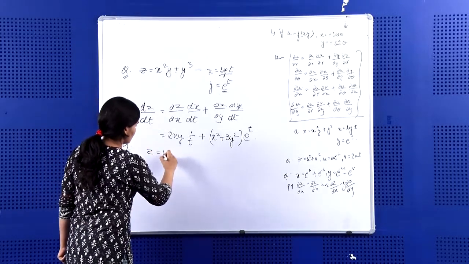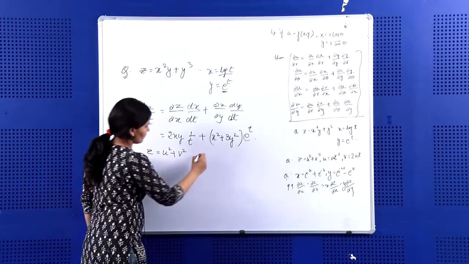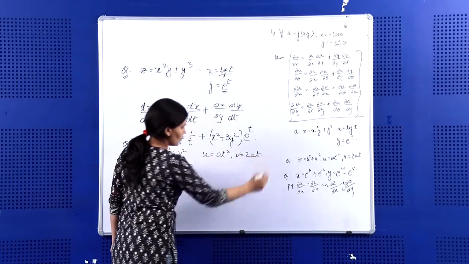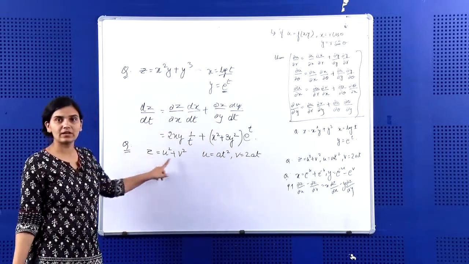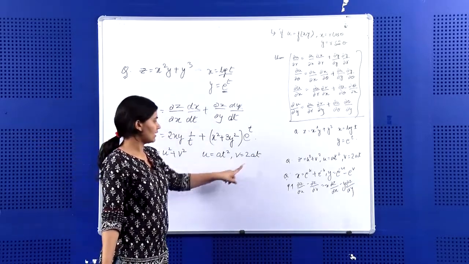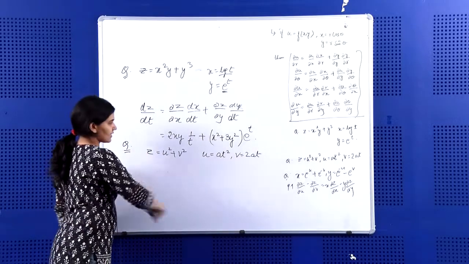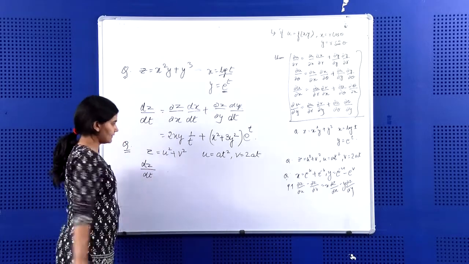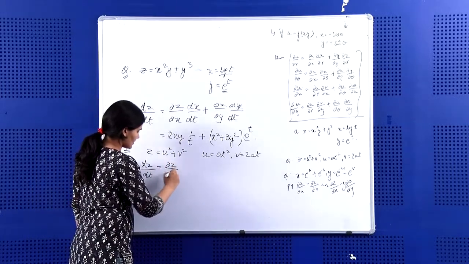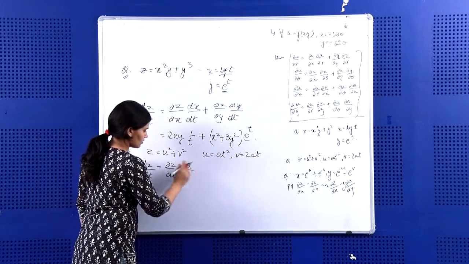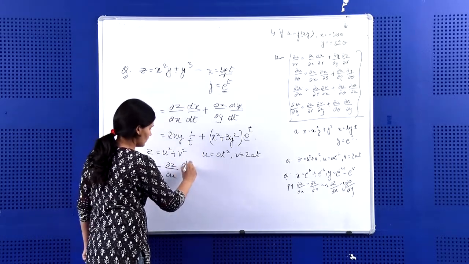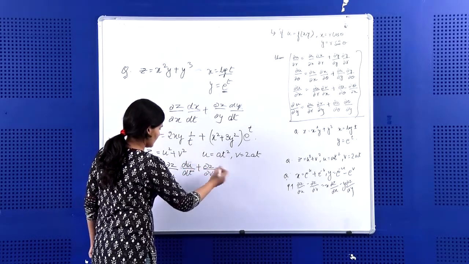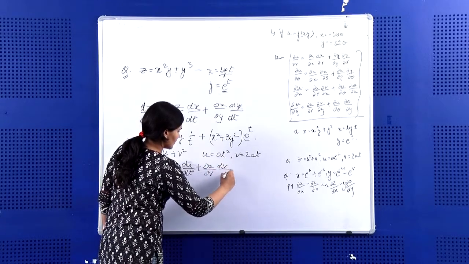z is equal to u square plus v square, where u is equal to 2at square, v is equal to 2at. See, z depends on u and v, which depend on t. So, z is indirectly depending on t. So, we again find dz by dt using the same formula: del z by del u times du by dt, since u depends on only t, plus del z by del v times dv by dt.